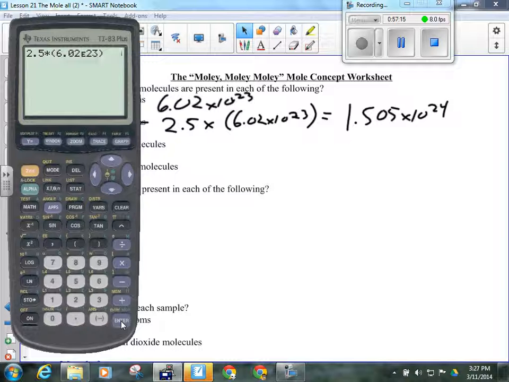Boom, 1.505 times 10 to the 24. Well, the E is the 10. You could put times 10 and then go power 23 if you wanted to, but lots of times when people do that, they end up putting in an extra 10, and we don't want that. This way always works right.